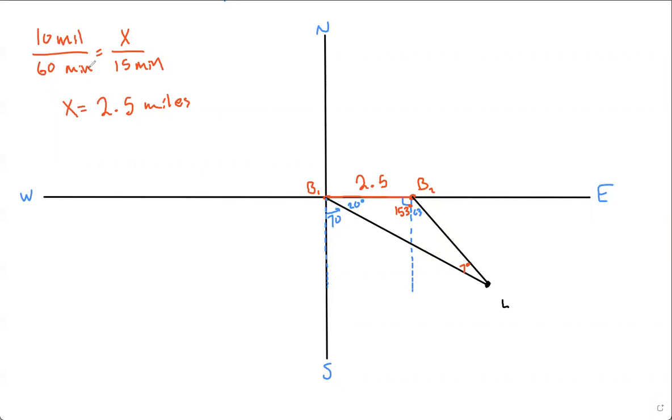Okay, so that's all the information you need from the problem. Now you can actually solve it. If I redraw the triangle separately so that we can see everything a little better, we have a triangle that basically looks like this, and this side is 2.5, and this angle is 20, and this angle is 153, and this angle is 7.